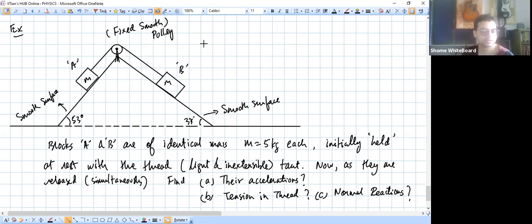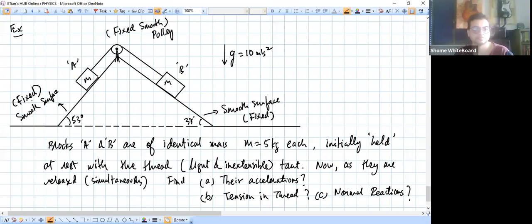Aditya, that's the correct answer for acceleration. Okay, so these are both fixed surfaces. Yes, Kevin, acceleration is correct. Tension is also correct, 35. Summer, check your answer, please.